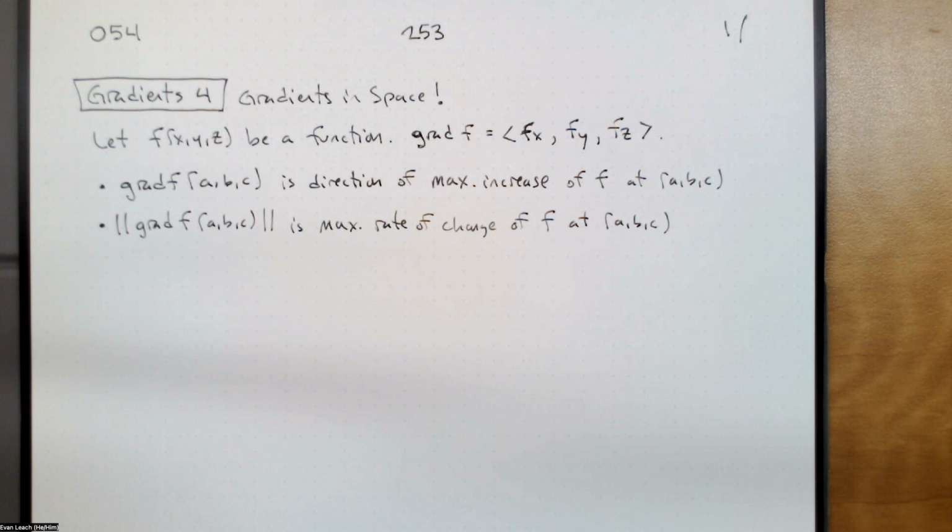What's the thing that's missing so far? We got direction. Direction is the direction of the maximum increase. Got that. The magnitude is the maximum rate of change. Not quite tangent. That's the word that we used before.